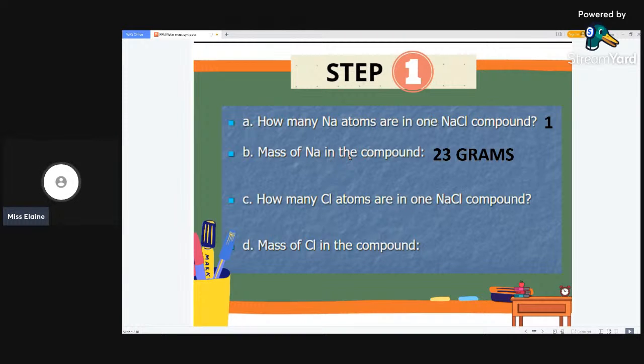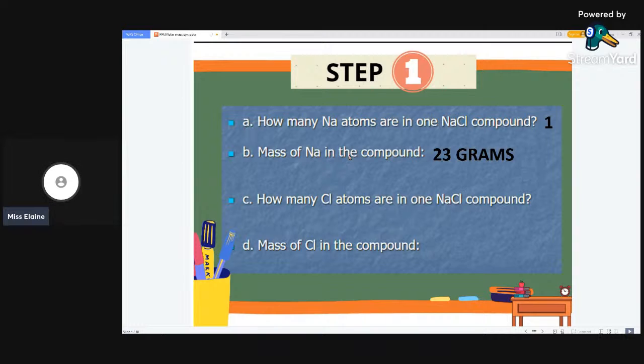But remember, we always use two decimal places. There are some instances where periodic tables do not have the same decimal places. For instance, the atomic mass of sodium is 22.99, but in another periodic table it is 23.00. The atomic weight of sulfur is 32.06, but in another periodic table it is 32.1.